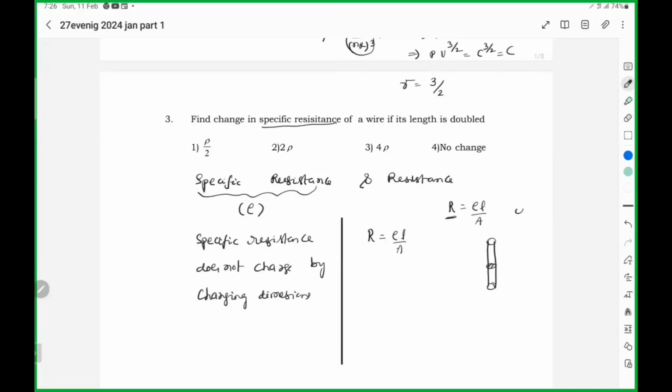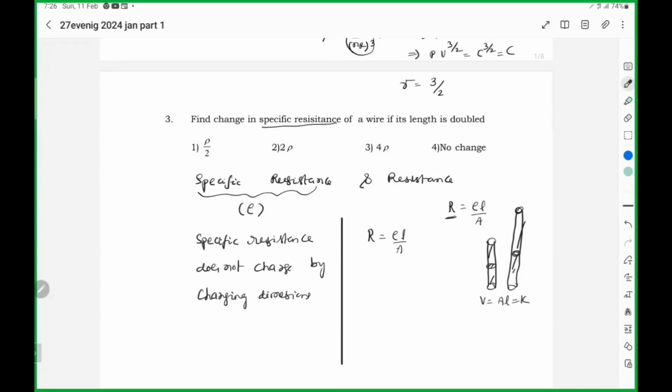In case the length is doubled, what happens? Area of cross section will be smaller, but volume will be the same.